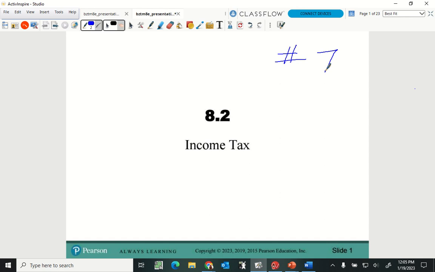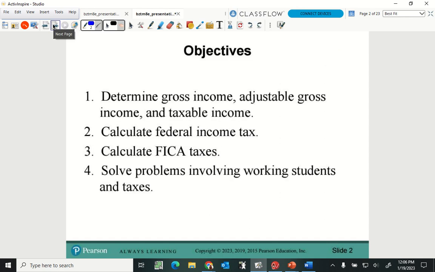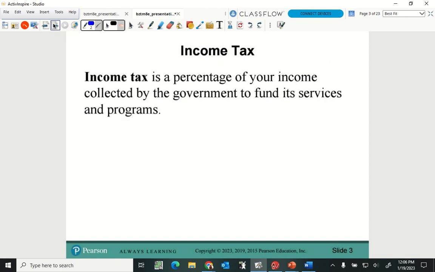Income tax. If you are into watching news and political things, all these things are a big topic right now because of inflation. As we're going over this, I'm going to do my best to explain as much as I can. I am not an expert.